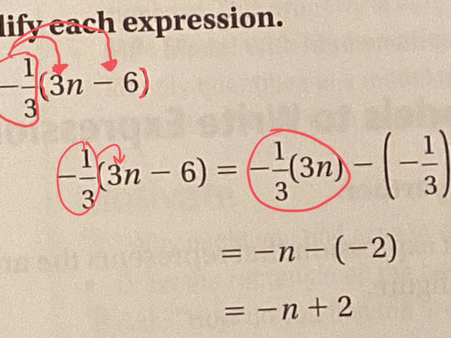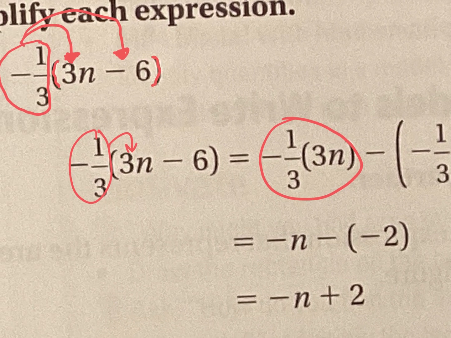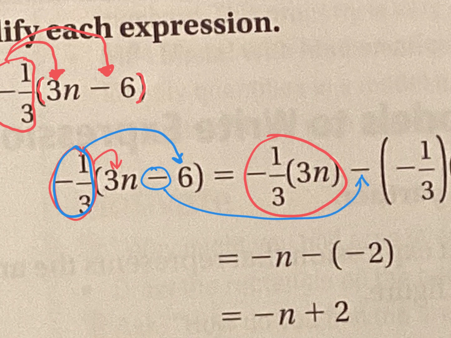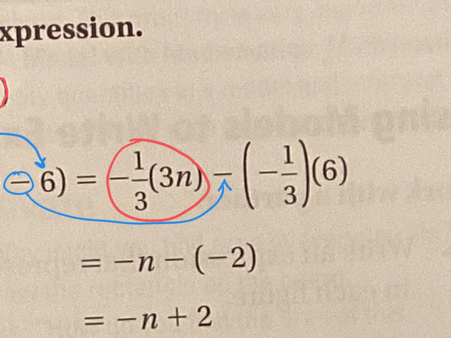And then they multiplied this right here to this 6 and kept the minus in there. So then the minus goes right there, and negative 1/3 times 6.